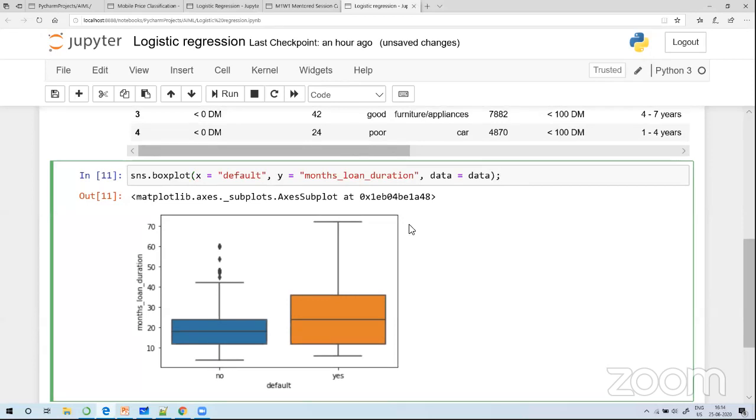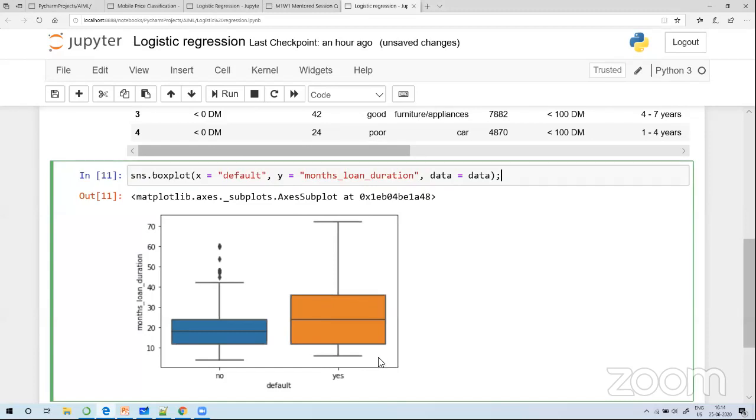Now look at the boxes here. What did I say about a box plot? That middle line here is the median. When customers are not defaulting, look at the median. The median is maybe somewhere around 20, just a little below 20 months, maybe 18 months.